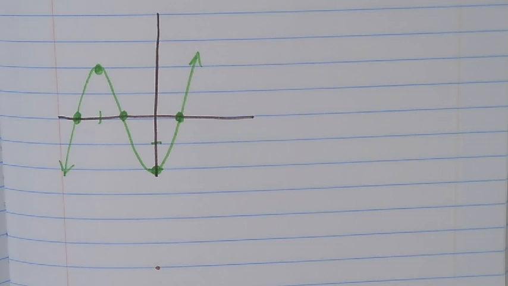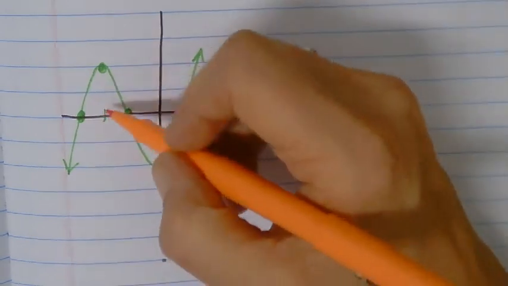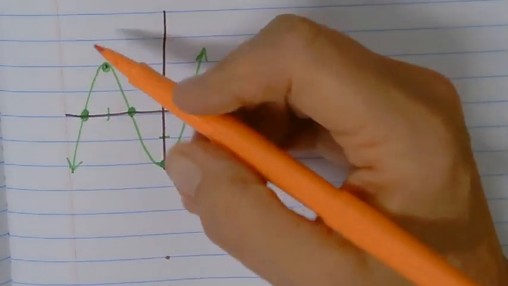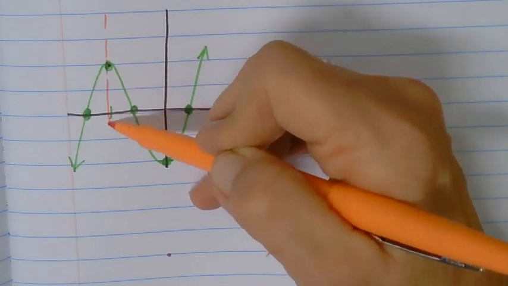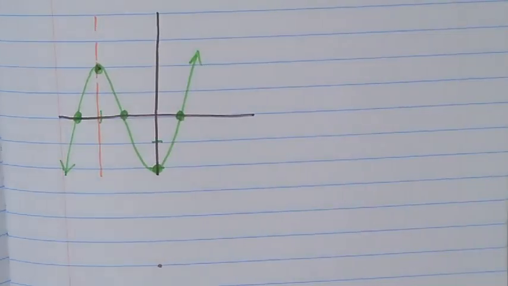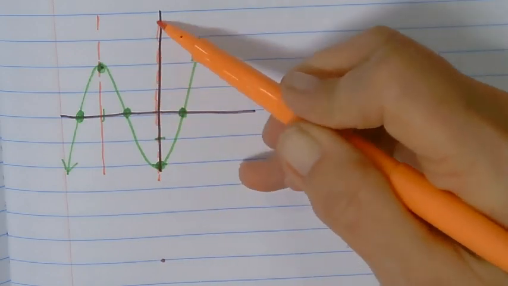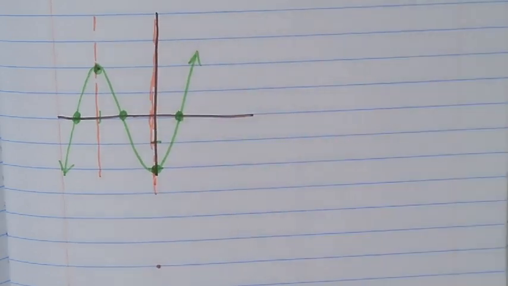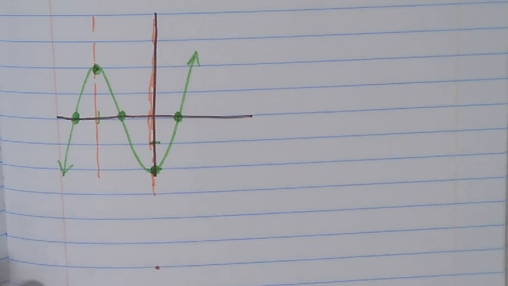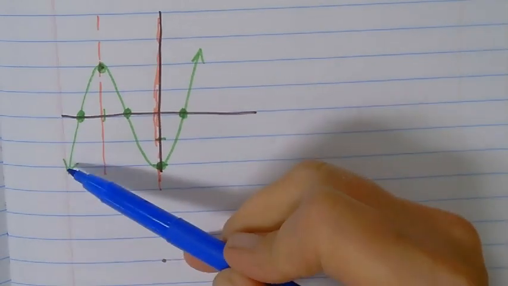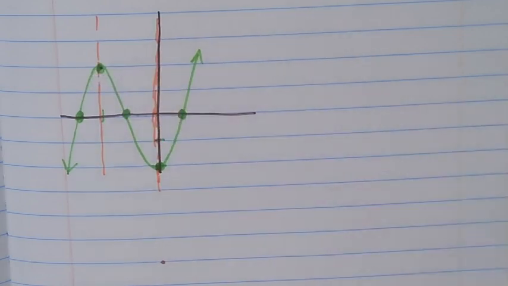So we want to look at where are points where we're changing direction. We're changing direction right here, right? So that blocks off an interval. And then we're changing direction right here. So on this one, we're going to have 3 different intervals to talk about. So in our first interval, what are we doing?